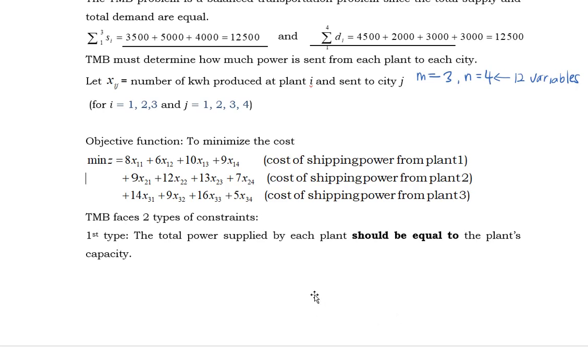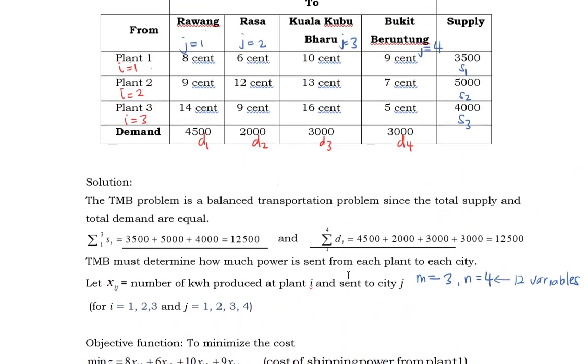First, the total power supplied by each plant should be equal to the plant's capacity. For example, the total amount of power from plant 1 to the 4 cities must equal 3,500 kilowatt.